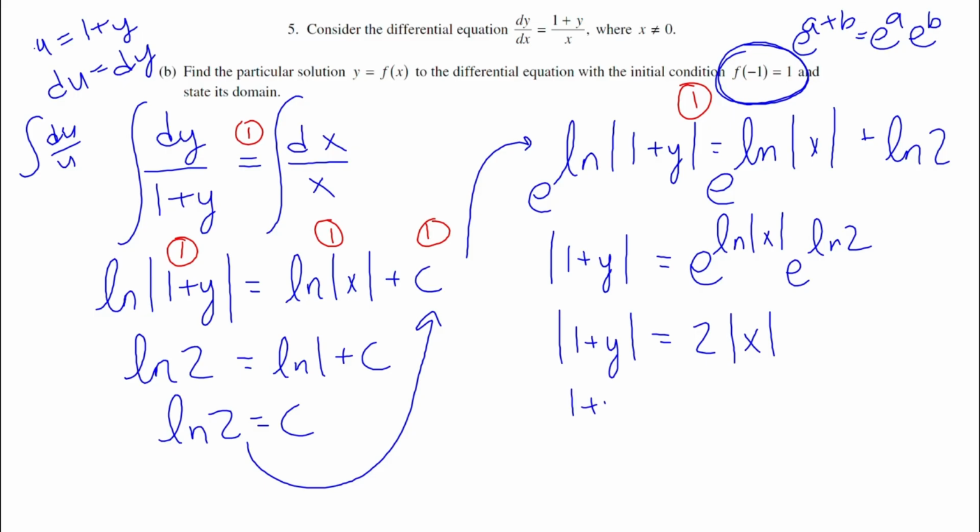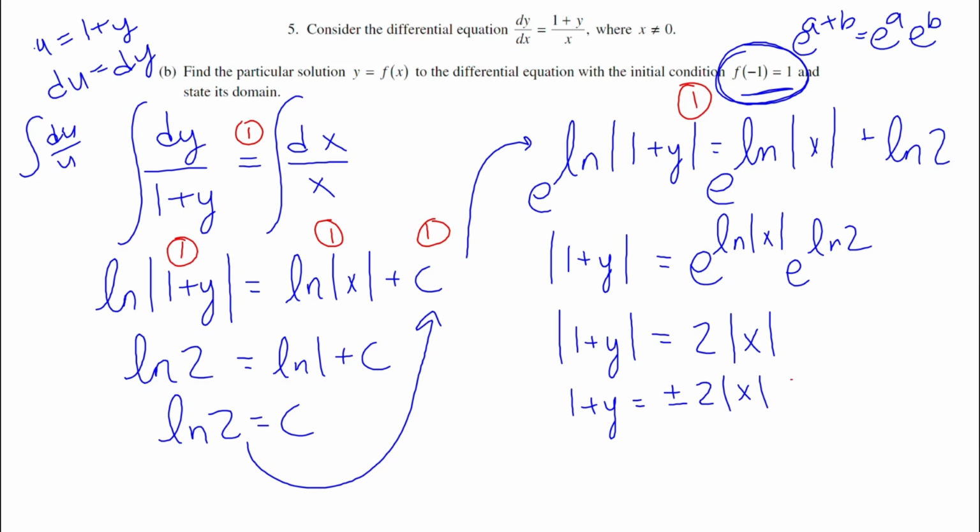And so what we'll do here is we'll just clear off our absolute values. Right, so we're going to get 1 plus y is equal to plus or minus 2 absolute value of x. And now we want to decide if we want the positive or the negative value here. So again, we'll go back to our initial condition that when x is negative 1, y needs to be 1.